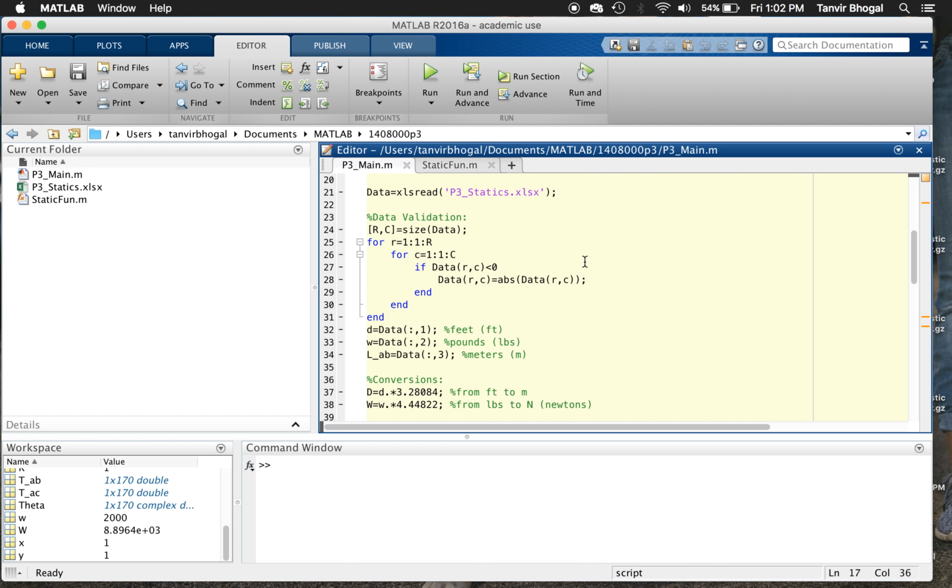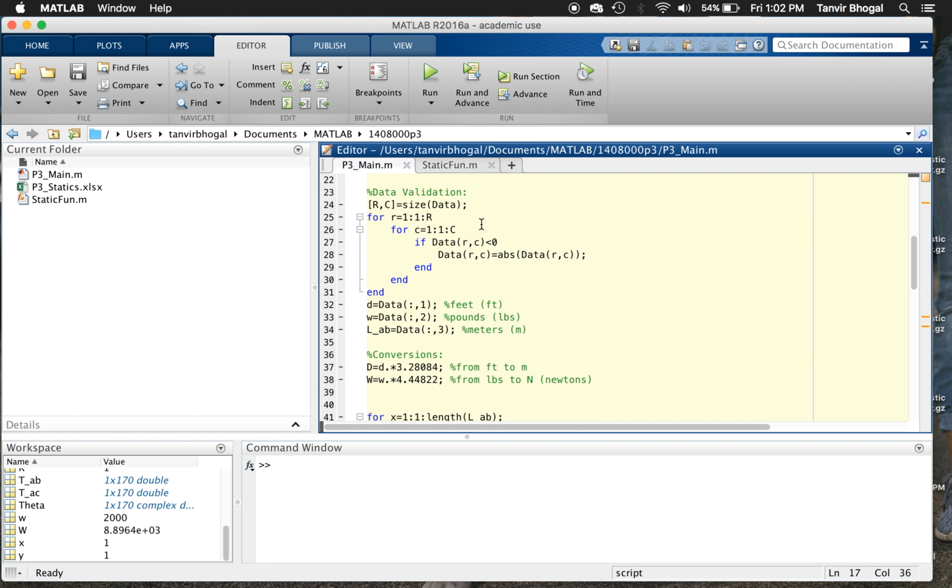The very first thing that we did was bring in our Excel file here. So data equals xlsread P3 statics. We brought that in, and we did a data validation, a simple thing, moving cell by cell, row by row, column by column. We initialized two for loops and made sure that each value was greater than 0.